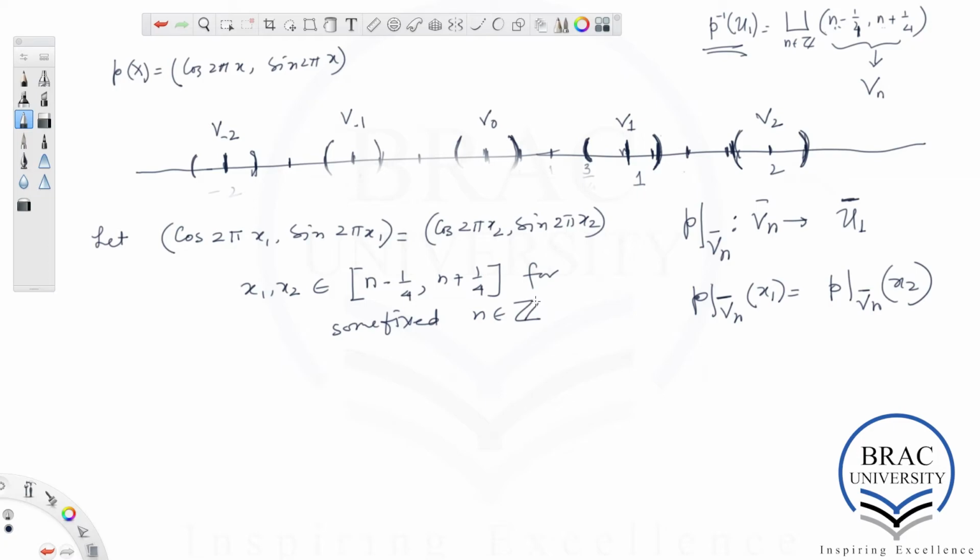So if x1 and x2 belong to this closed interval of R, then we immediately see that 2 pi xi belongs to 2 pi n minus pi over 2 to 2 pi n plus pi over 2 for i equal to 1, 2, meaning that 2 pi x1 belongs to this closed interval, and also 2 pi x2 belongs to this closed interval. Okay, so the picture for this is the following.